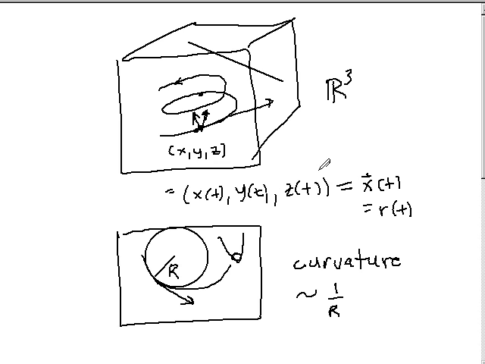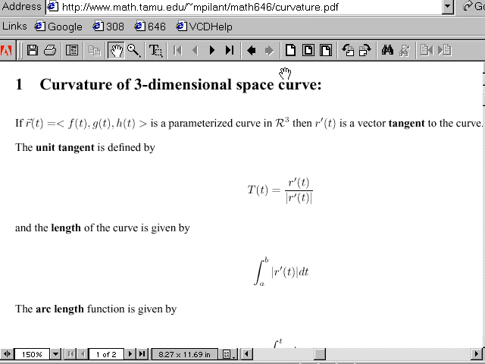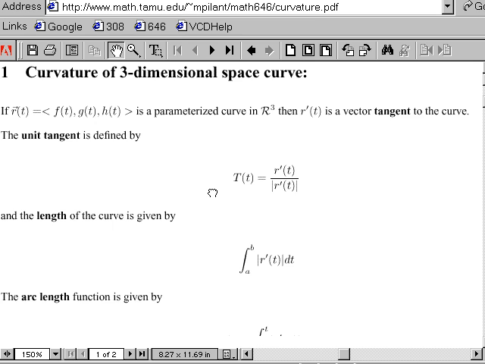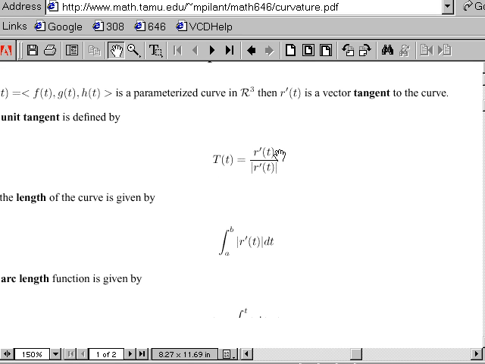And if we know the representation of this, or r of t, this 3-dimensional vector, through derivatives we can calculate the tangent, the normal, and then the binormal, and that's what these formulas are here.